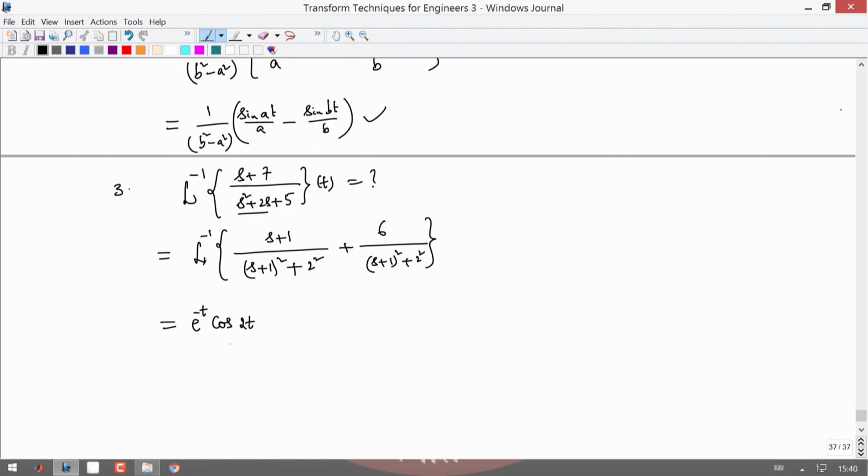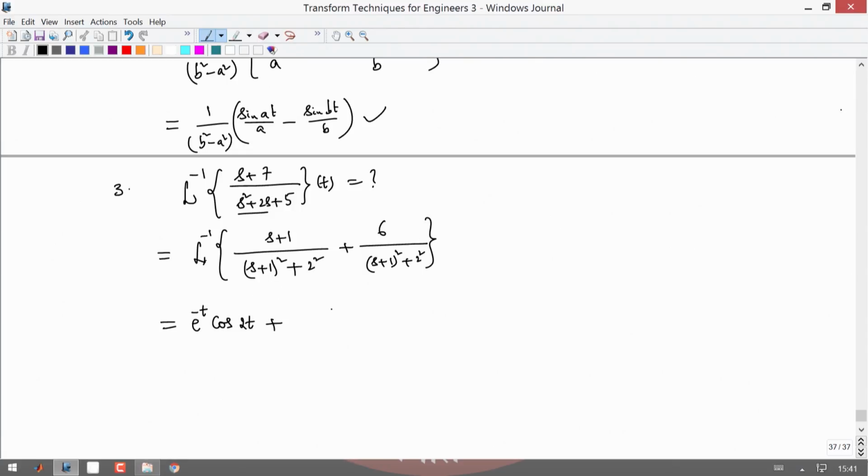The cosine term is s divided by s square plus a square, where a is 2, so you have 4 here. If it is e power t, you have to replace s by s minus 1, wherever s is there. Here you have s plus 1, so I put minus t. So, the inversion of this is this one.